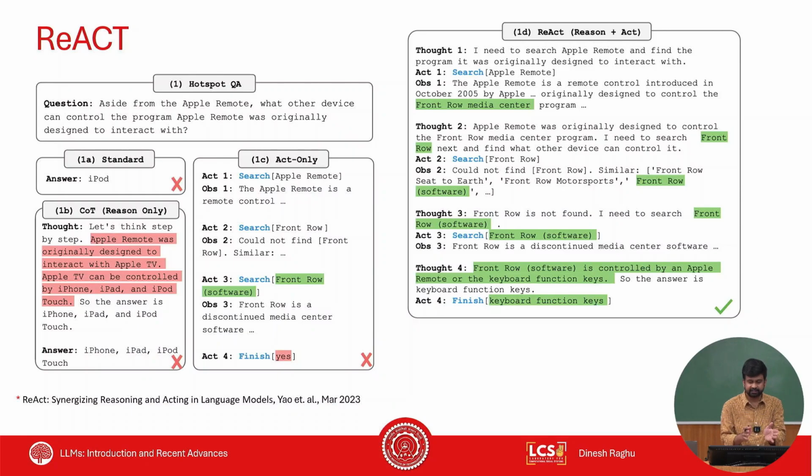But the only difference here is that, even though it appears obvious when we say let's mix CoT and Act only together, it's not so obvious. The reason being that typically machine learning scientists who work in RL have this fixed mind that the action space has to be discrete, right?